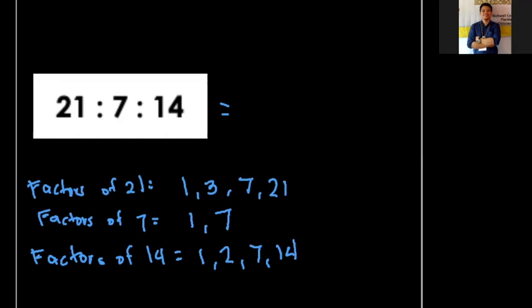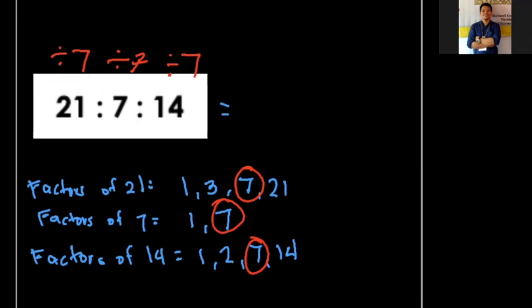And from these factors, let's identify the greatest common. Okay, common is 1, but that's not the greatest. Okay, so we need to find the greatest, and the greatest common is 7. So that is the number we will be dividing to all 3.